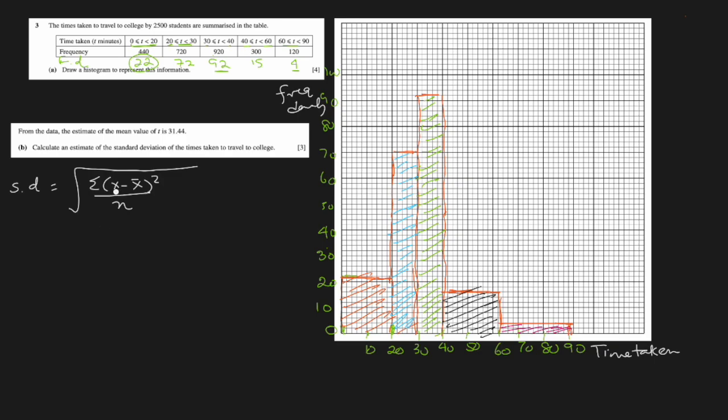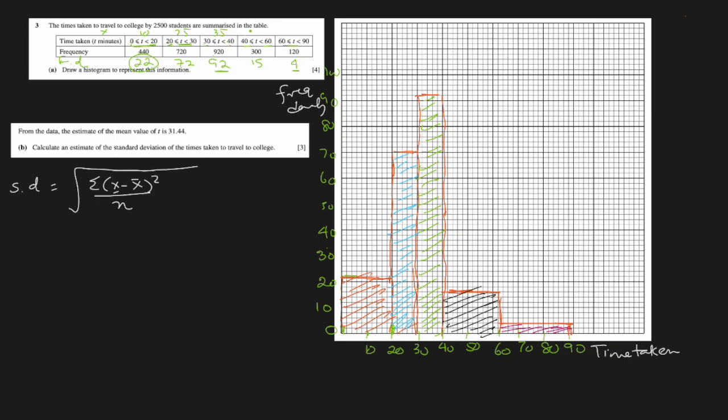So what we have to do, every x value, what is x value? We should know what is x value. In this case, for 0 to 20, x value will be the middle of 0 and 20. Add them and divide by 2, 0 plus 20 over 2 is 10. So that becomes x. Then 20 plus 30 is 50, over 2, 25. 30 plus 40 is 70, divided by 2, 35.